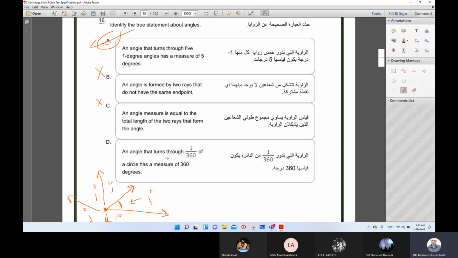An angle that turns through 1 over 360 of a circle has a measure of 36 degrees.